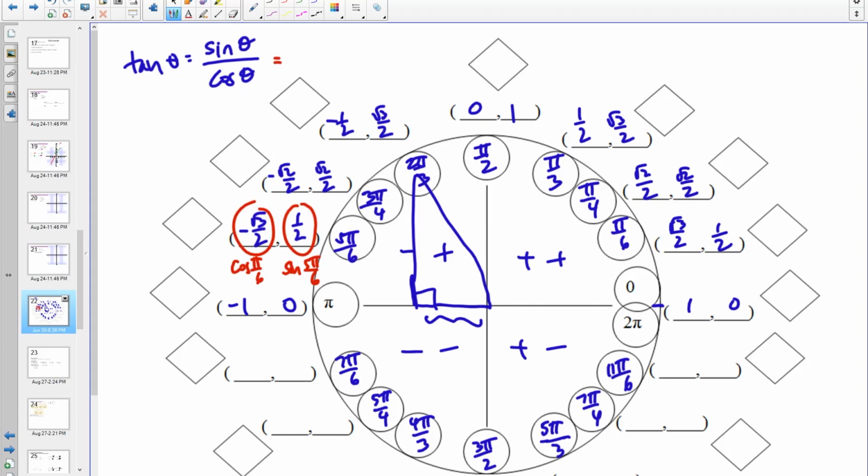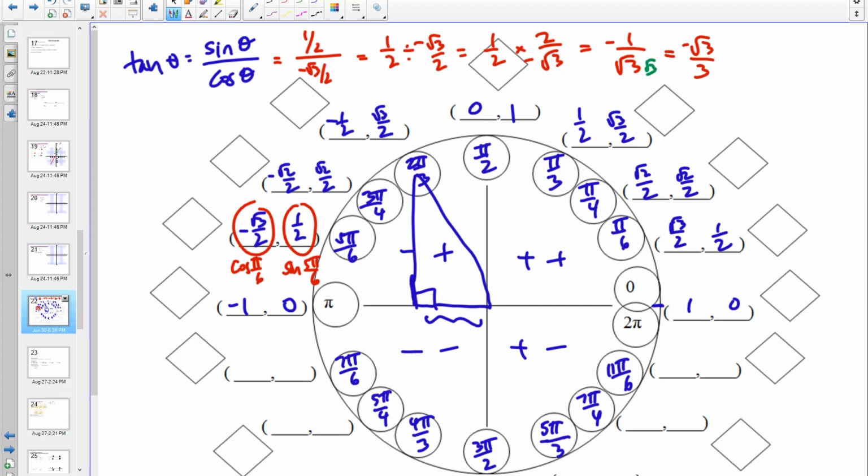So this is going to be 1/2 divided by negative square root of 3 over 2, which is equal to, dividing fractions easy as pi, flip the second and multiply, and that gives me negative 1 over square root of 3. If I rationalize it, which you don't have to, it's negative square root of 3 over 3. How did I do that? I just multiplied by square root of 3 over 3 on the top and the bottom.